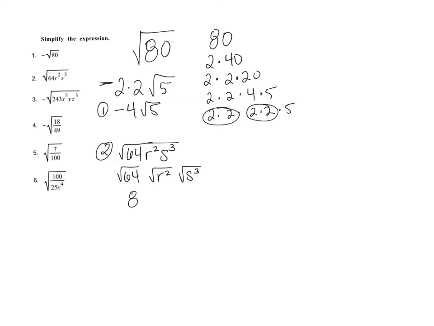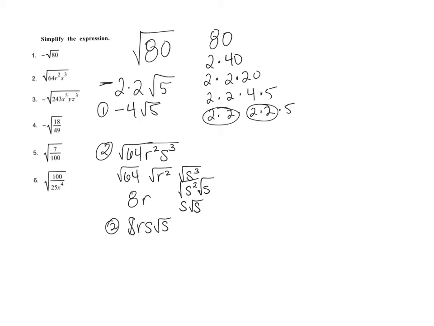The square root of r squared is r. And the square root of s cubed, well, that's s squared times s. So I can take the square root of s squared, that's s. And I can't do the square root of s because I don't have a pair there. So it's s square root s. So 8rs square root s is our final answer for number 2.